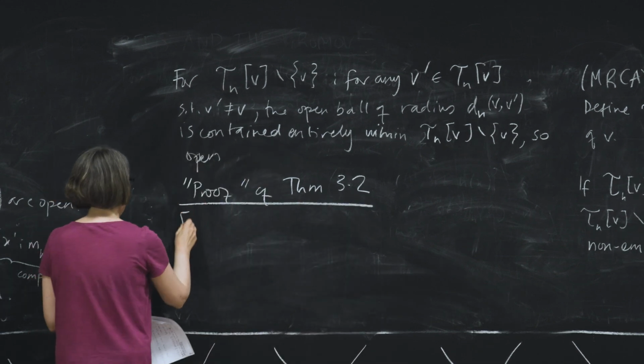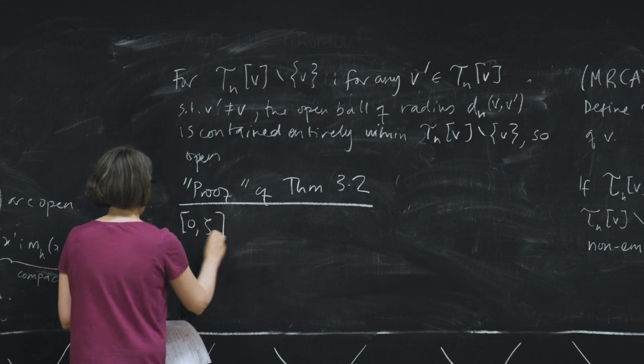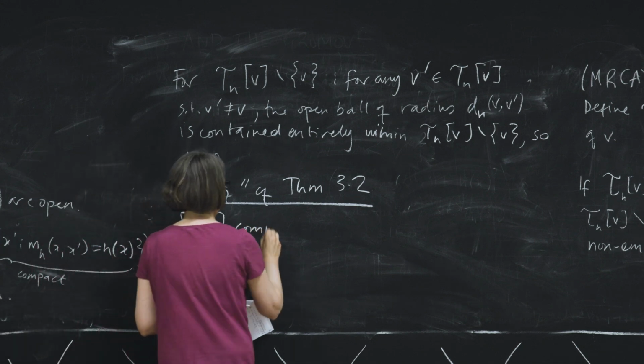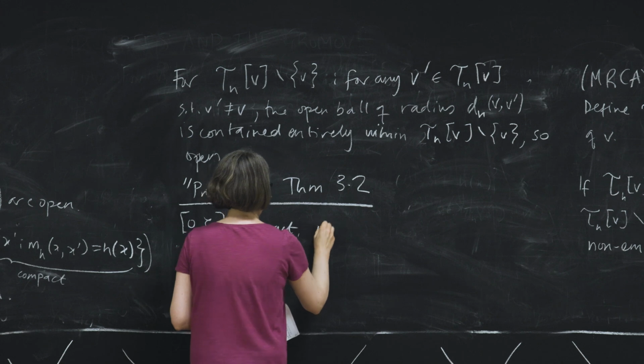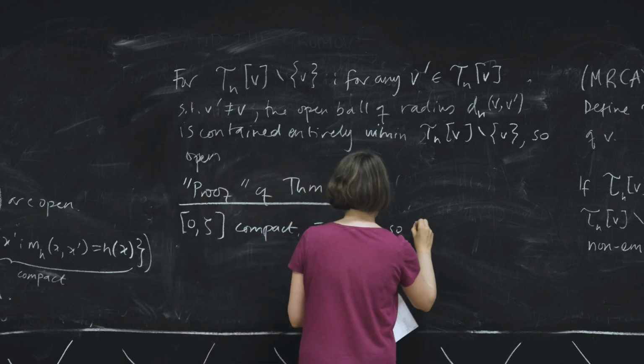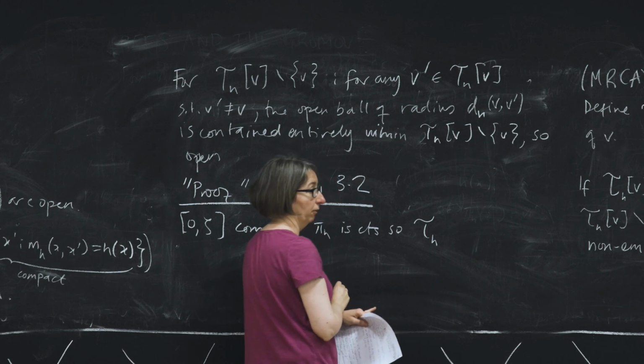So the first thing to say, which I probably should have said over here somewhere, is that this is compact. The projection is continuous. So the tree itself is compact.